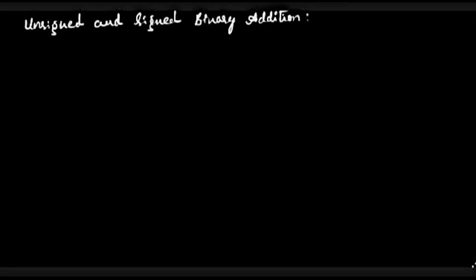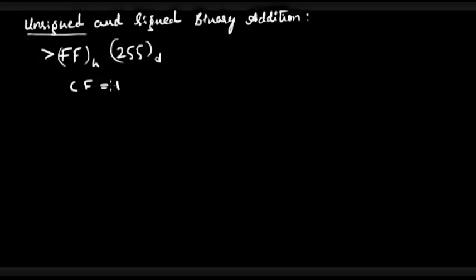In this video, we will consider unsigned and signed binary addition. First, we will consider unsigned binary addition. When we add two numbers and if the result is greater than FF in hex or greater than 255 in decimal, then carry flag is set to 1.